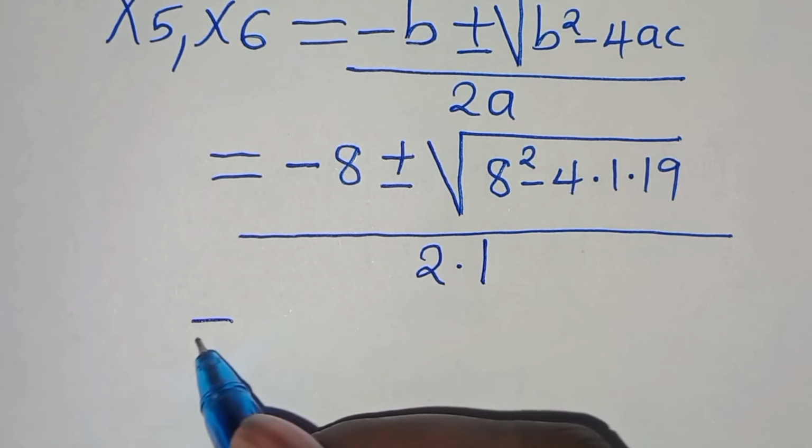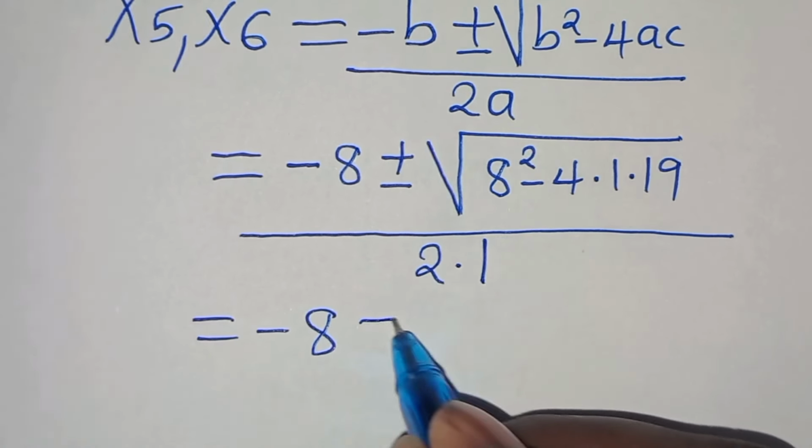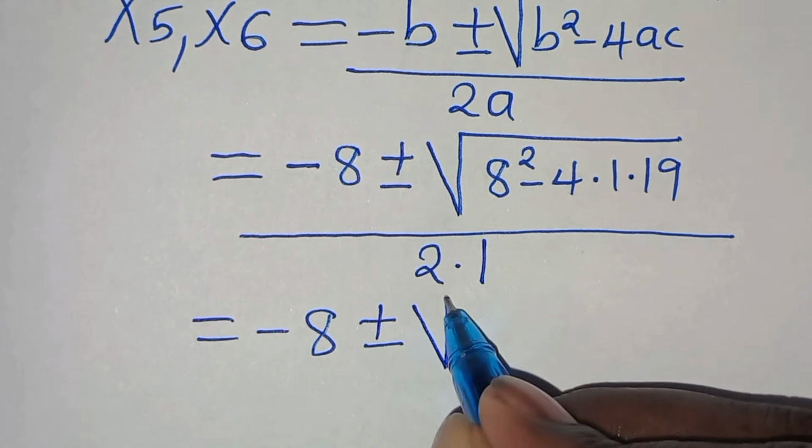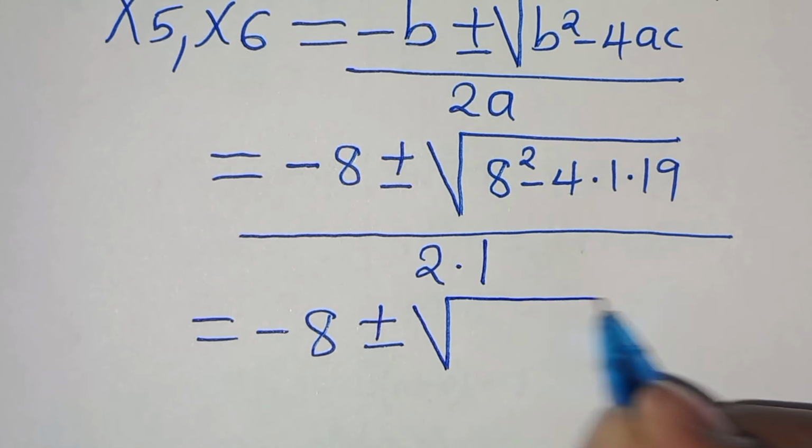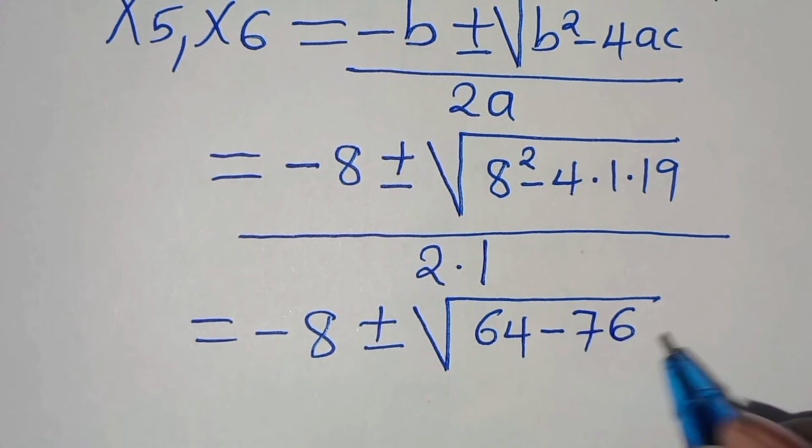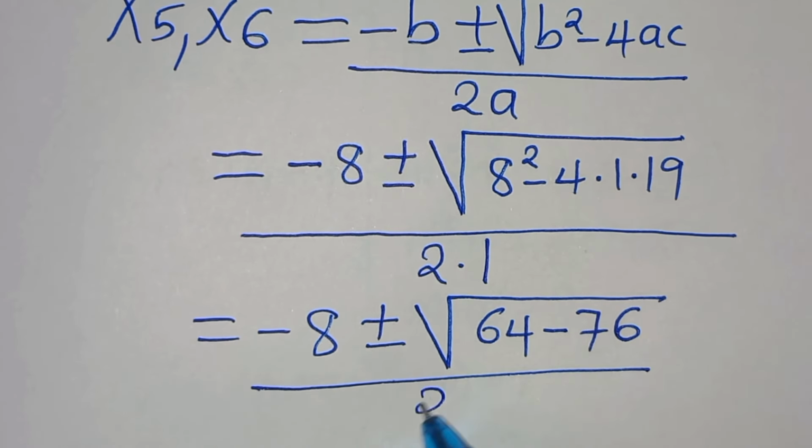So this implies we have minus 8 plus or minus the square root of 8 squared, this is 64, subtract 4 times 19, this is 76, everything here divided by 2.